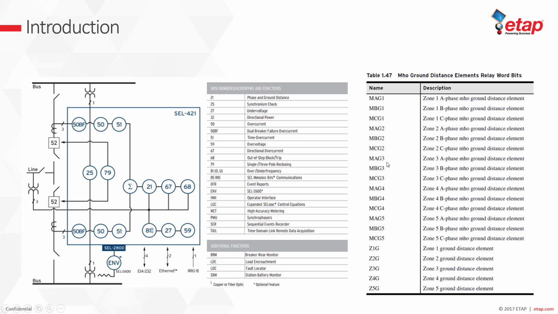As you can see in the far right table, just the Mho ground distance element of this relay has 20 outputs. This offers significant flexibility for the user while it makes it more complicated to pick the right element outputs.